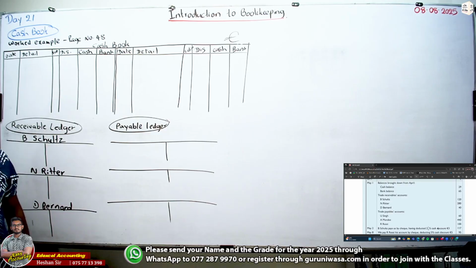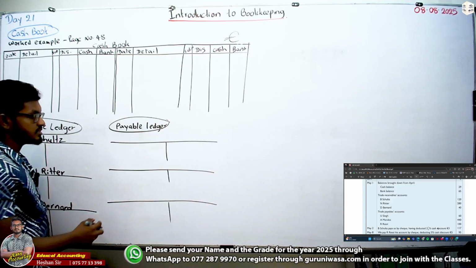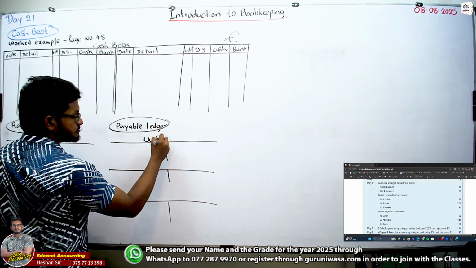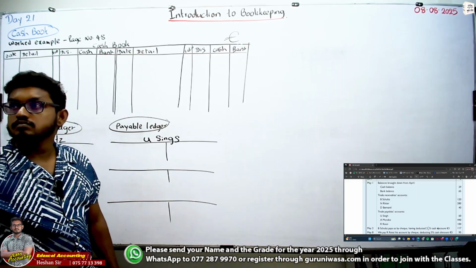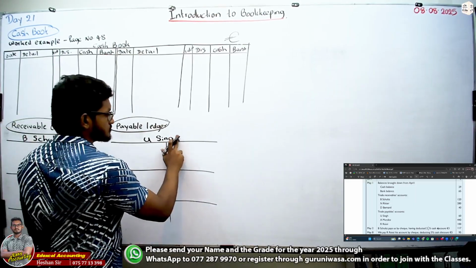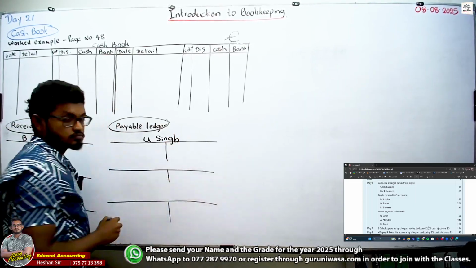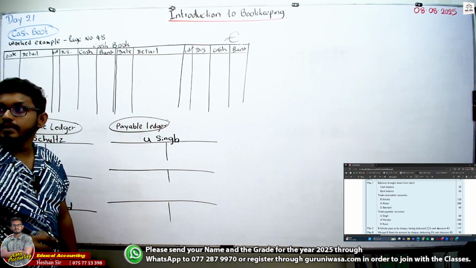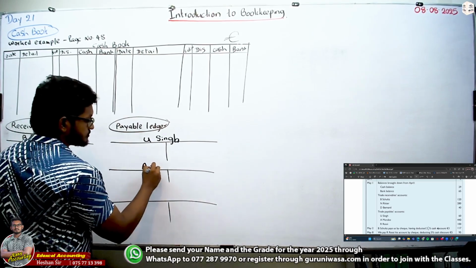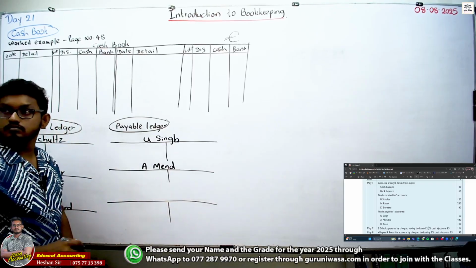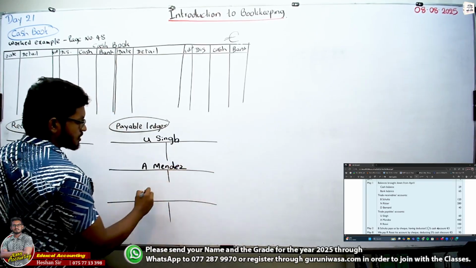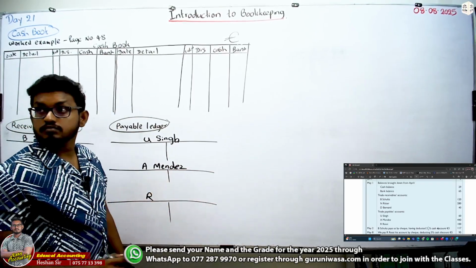Keep about 6 to 10 lines for each, right? Under payable: A Mendes, R Rossi.